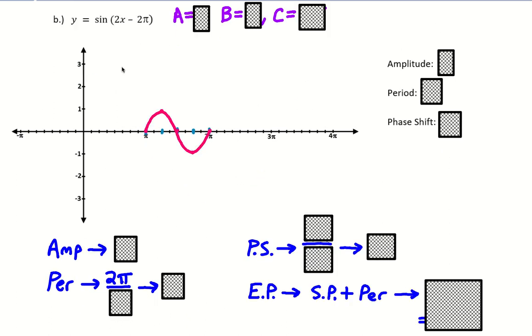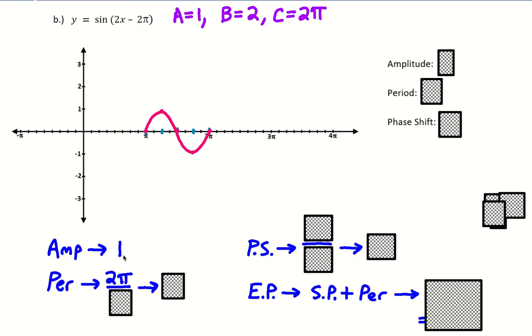Last problem, same deal, except this is going to be a sine curve. So it's going to go through a different song and dance, right? But our A value is out in front as positive 1. Our B value looks to be 2. And our C value looks to be 2 pi, right here. And so our amplitude is going to be 1. Our period is going to be 2 pi over B, and therefore pi.